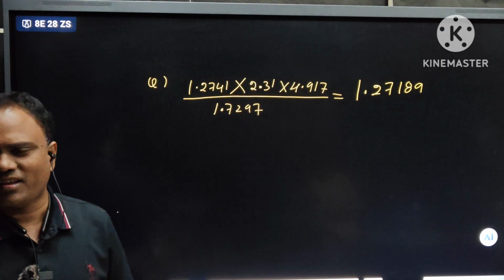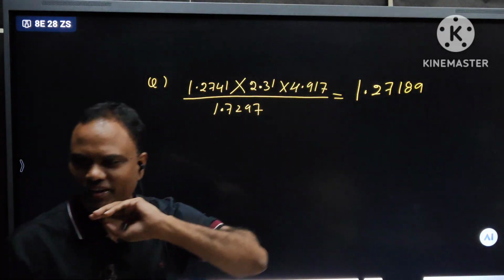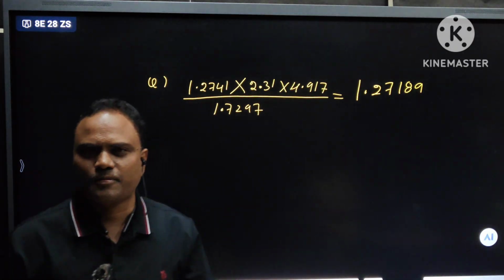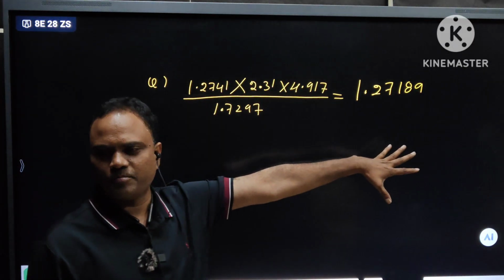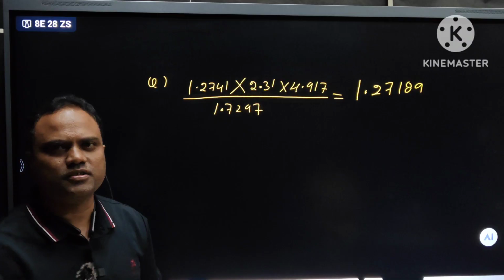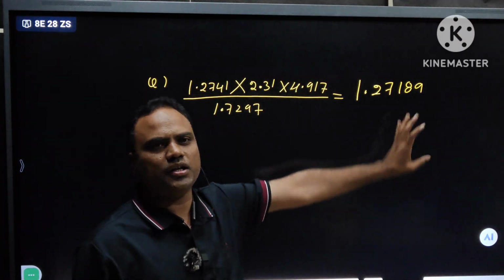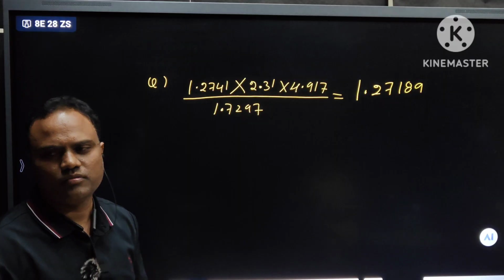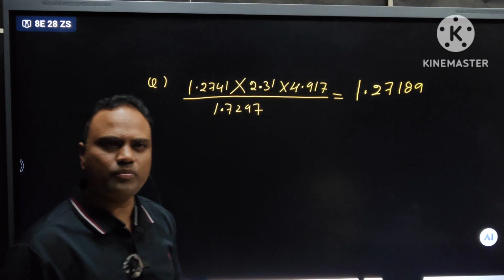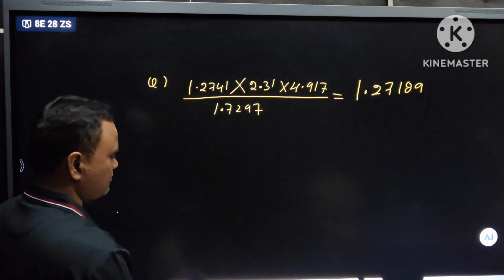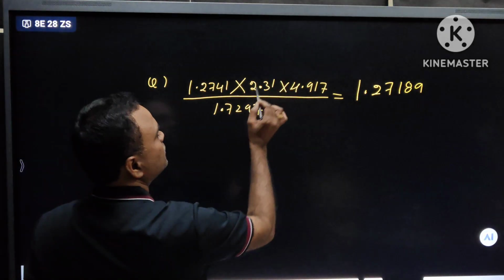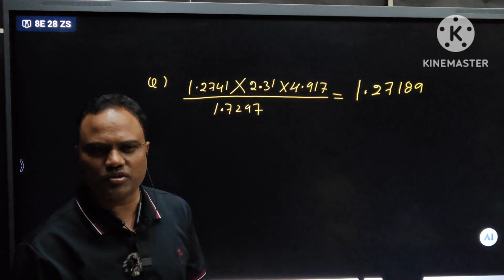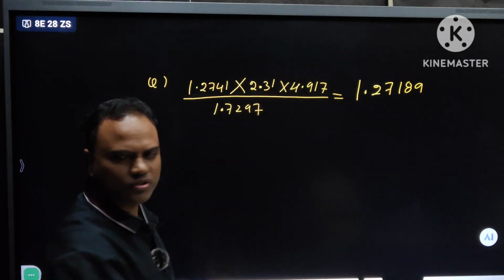Imagine this is the answer, this is the final value. Correct it, online students, correct it. Imagine this is the value of this operation, 1.27. See, how many numbers do you have? 4 numbers you have, right?